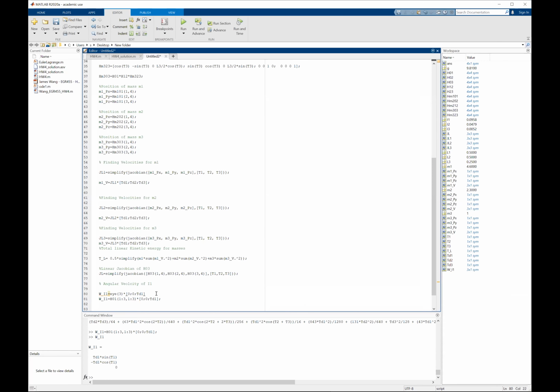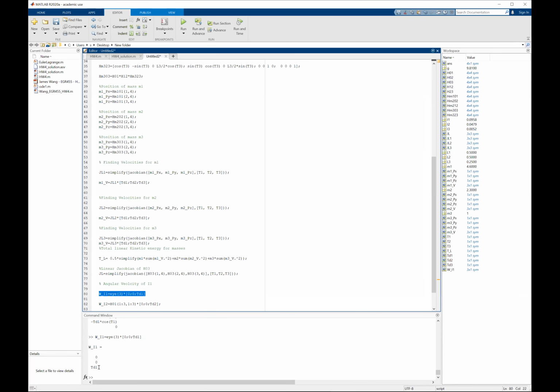So this will be for I1. This will be for I2. Because if you look at R0, that is an identity matrix. The identity matrix gets multiplied with 0, 0, TD1. So this gives you WI1.